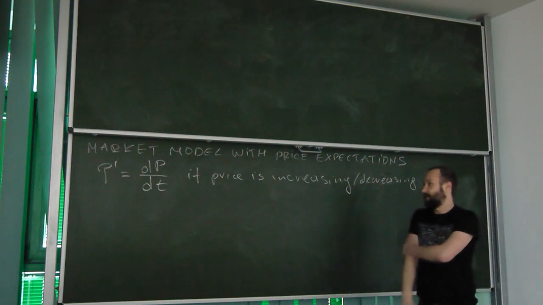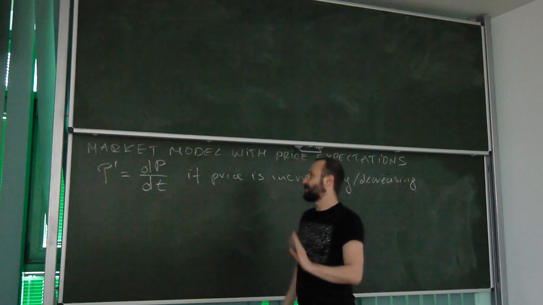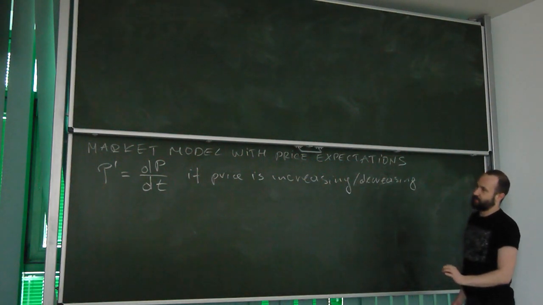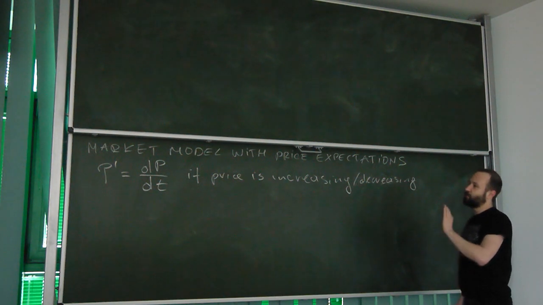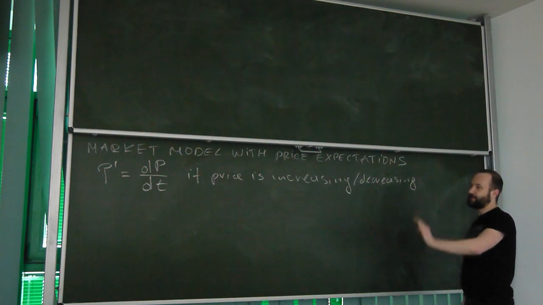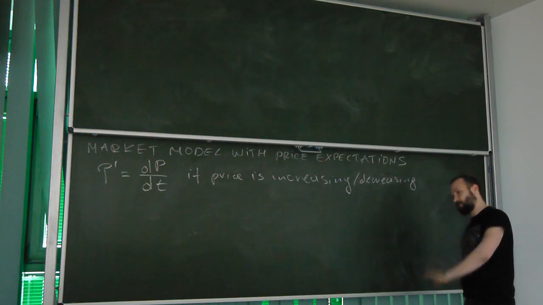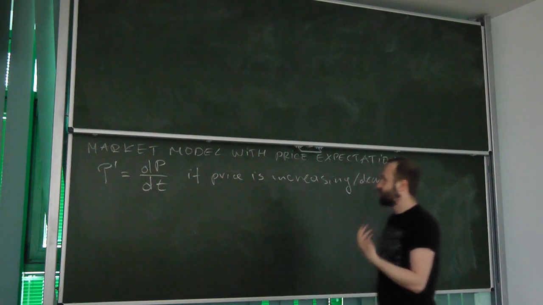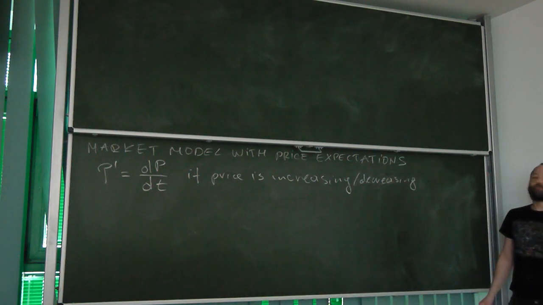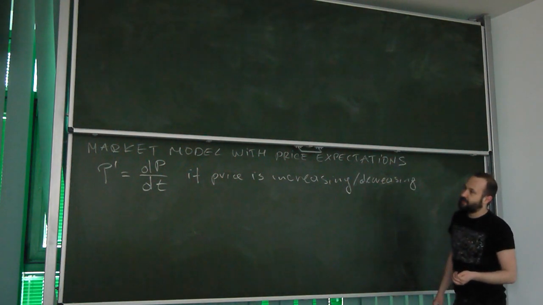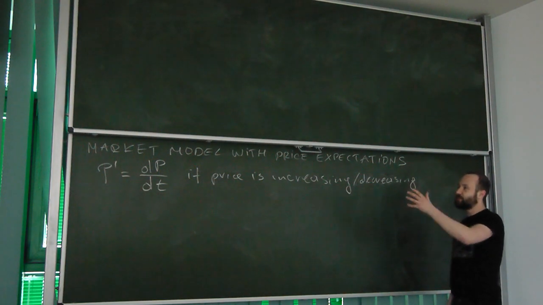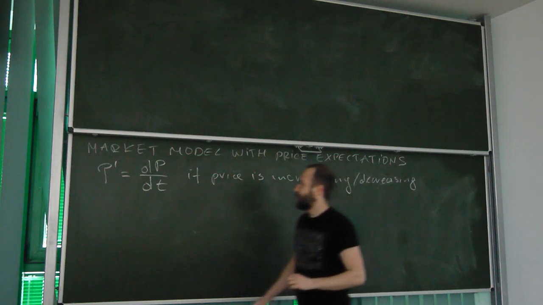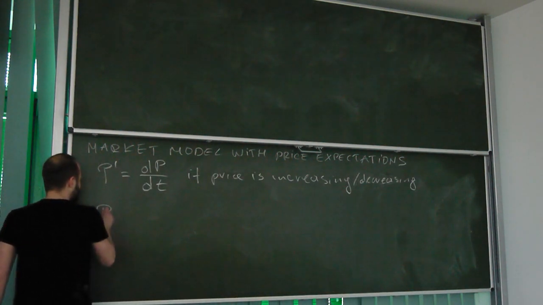price is decreasing. But let's just assume one more thing, that people care not only about the price trend, but also about whether the prices are increasing faster and faster or slower and slower, whether they are decreasing faster and faster or they are decreasing slower and slower. We can introduce the expectations about the changes at the rate of growth of prices by the second derivative.